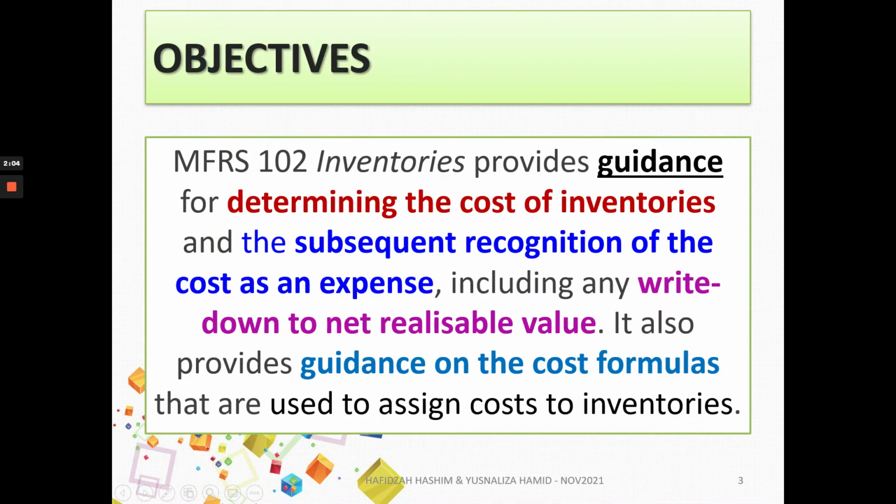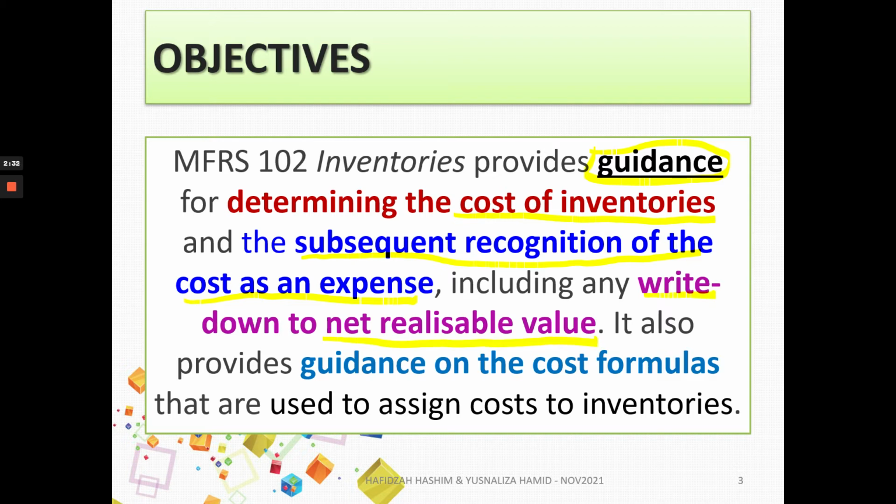So let's start. The objectives of MFRS 102 Inventories are actually trying to provide guidance of what? Guidance of how we determine the cost of inventories, the cost of inventories initially and also subsequently, how we recognize some of the costs as an expense, including some write down of those inventories to the net realizable value.